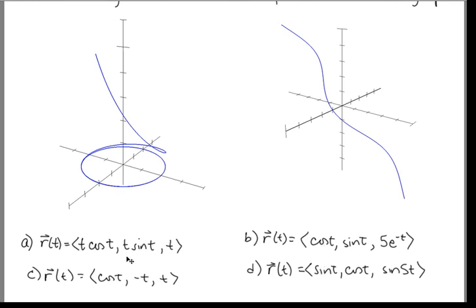But notice in function c, we have that our x values are oscillating, but our y and z values are unbounded. This graph has x values that are oscillating, but our y and z values are unbounded. So it looks like this is going to be function c. Let's take a look at the other graphs as well.